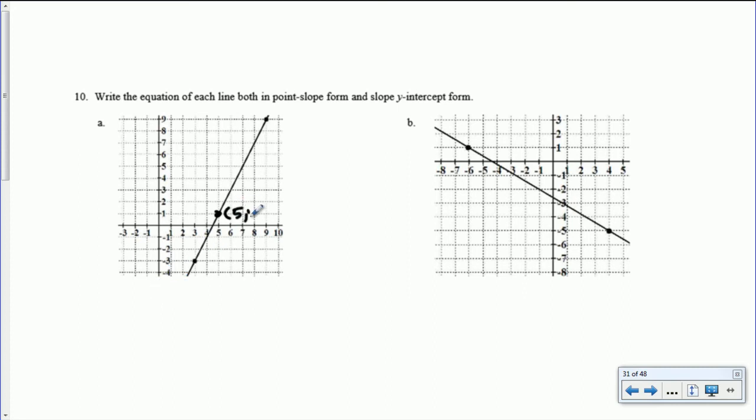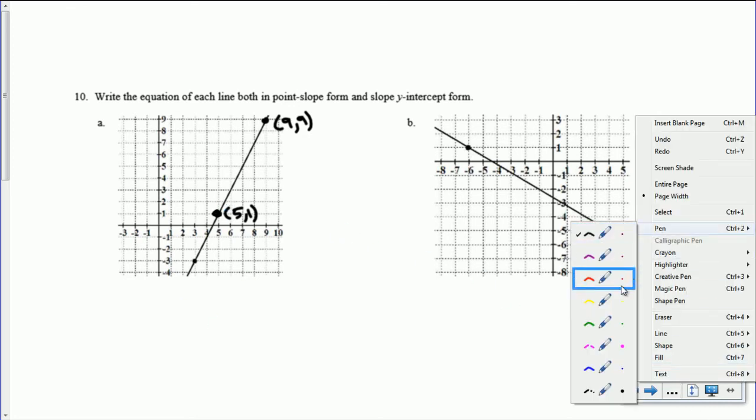This is 5, 1. This is, what is that, 9, 9. Alright, so we have 2 points. I'll just maybe use this one though. I also need to know what the slope is.